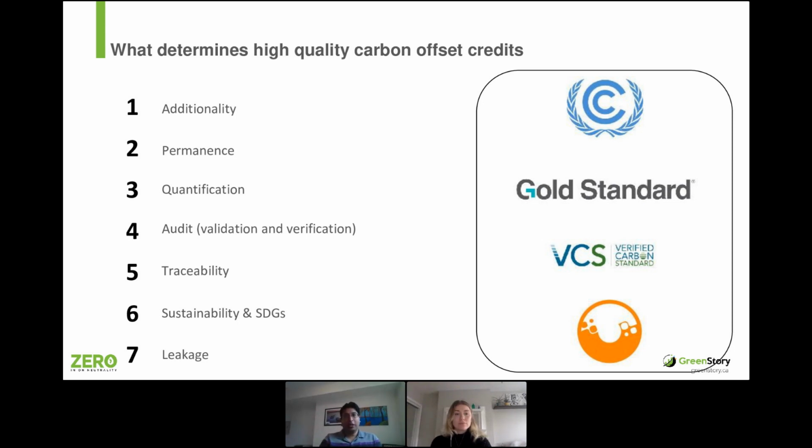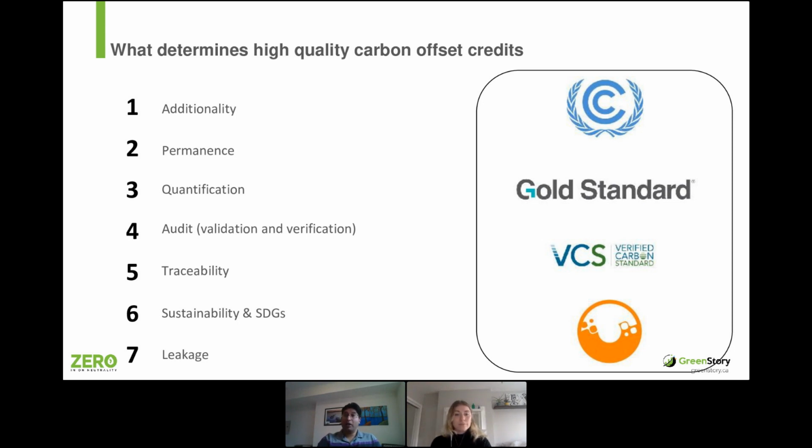The first is the UN Clean Development Mechanism, developed by UNFCCC under the Kyoto Protocol, which was the first standard to come. And then we have Gold Standard, which is developed by WWF and based on CDM. In fact, Gold Standard is considered to be one of the most stringent and highest quality offset standards available today.